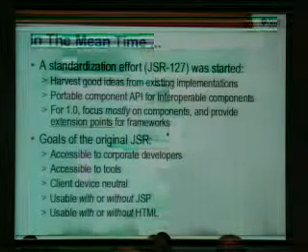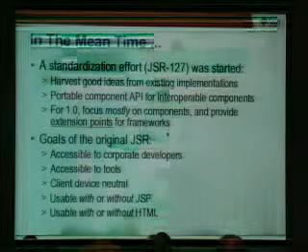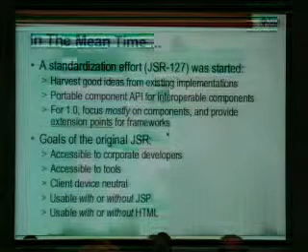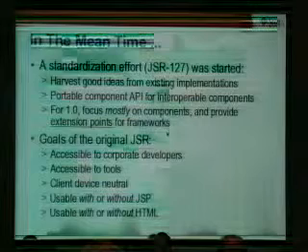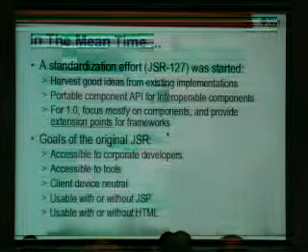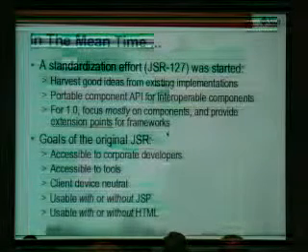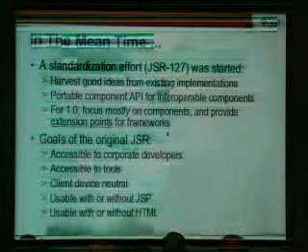So when Craig submitted the Struts project to Apache, what happened was, in the Java Community Process, they wanted to standardize everything, because once you've got standards, everybody can use it, it's portable, you can work on it and extend it and so on. And so JSR 127 was created in the Java Community Process.